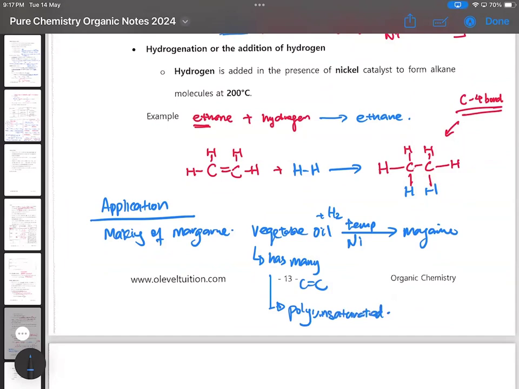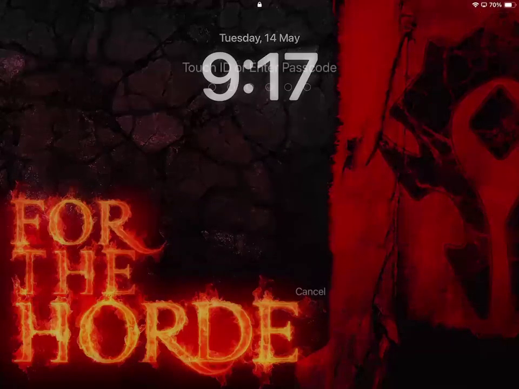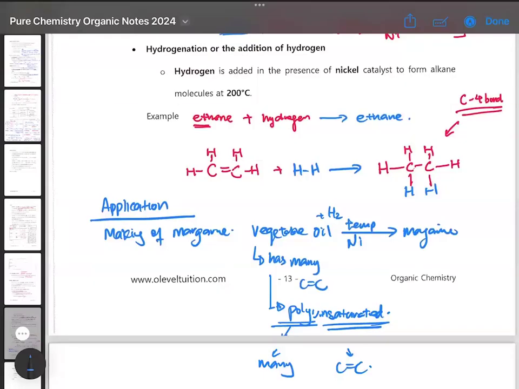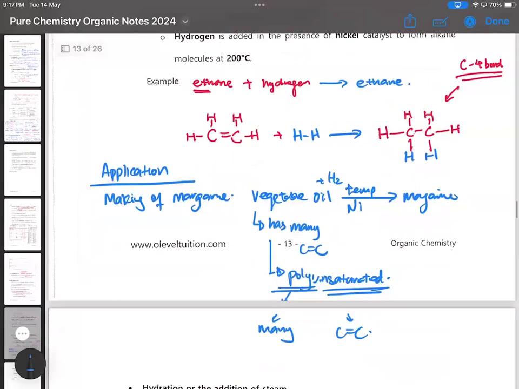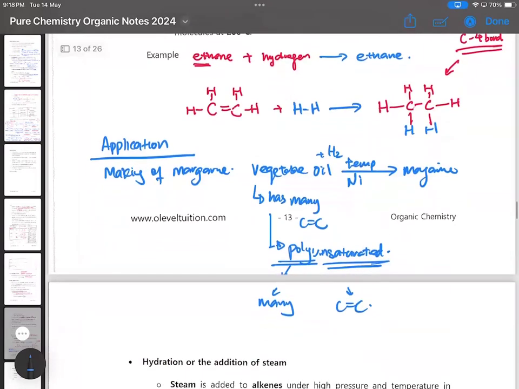Why is it called poly? In chemistry, when you see poly, it means many. Unsaturated means CC double bond. So this vegetable oil has many CC double bonds, so it will add many hydrogen atoms and it turns into margarine. In this same process, the double bonds of your vegetable oil will be broken and then hydrogen added across them and then you get your margarine. Okay, this is the application.